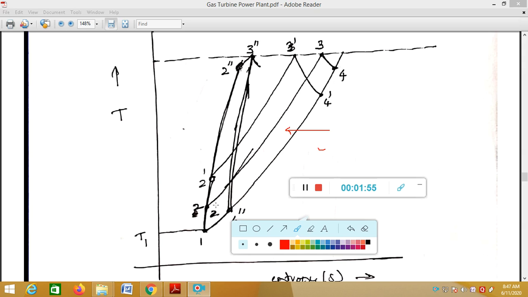So a large amount of heat is added in the combustion chamber. From this figure, we know that the area included in the TS diagram gives the net work output. So area 1, 2, 3, 4 gives the net work output.